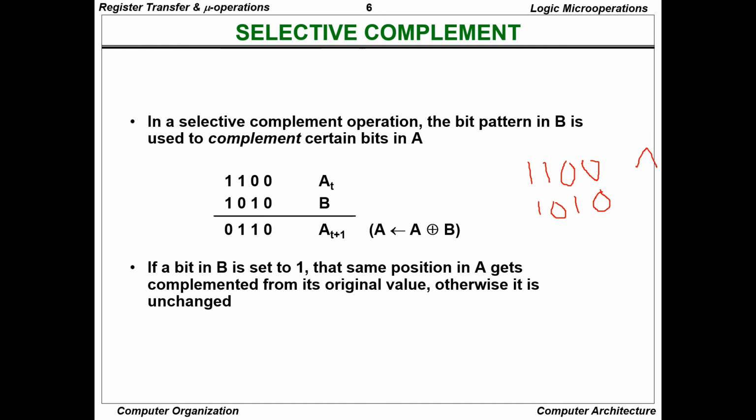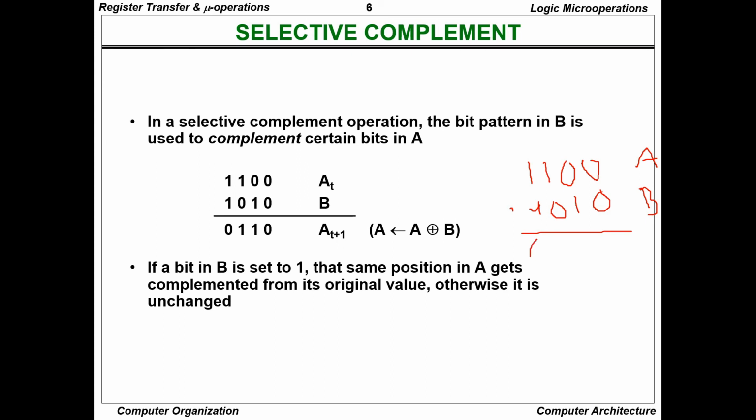So this is A, this is B, right? So this is B, right? Here it is set to 1. So what value do we have in A? 1. So we should complement this 1.